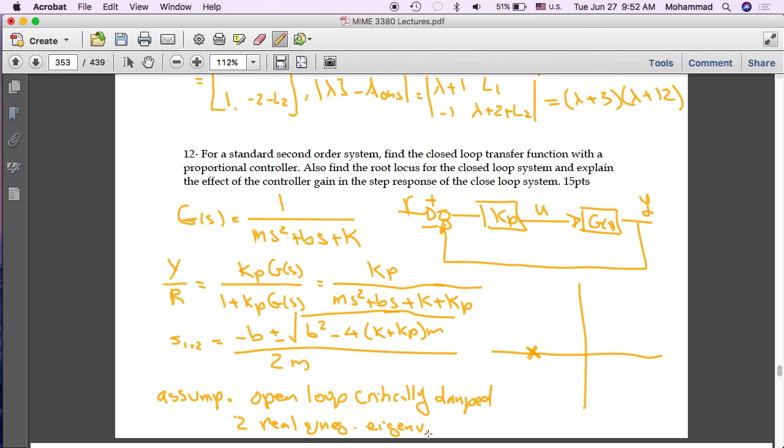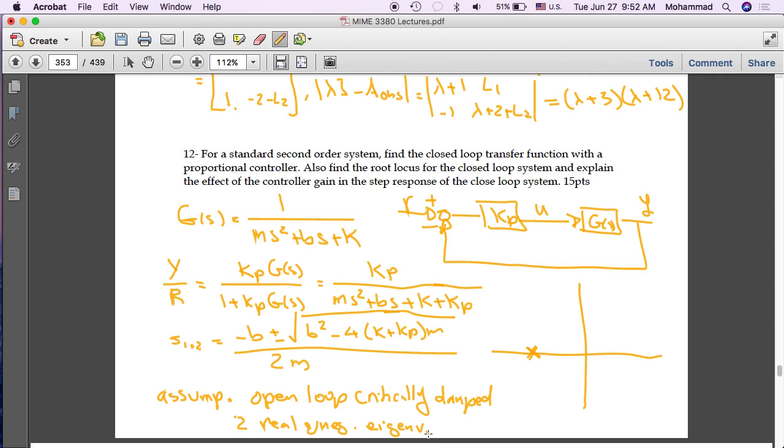That's the value of the two real poles. Now as Kp increases, the fact that b squared minus 4 times k times m is 0 is still the fact. That is still 0. So as k increases, you start having a negative value under the square root, which gets larger and larger and larger without affecting the real part.